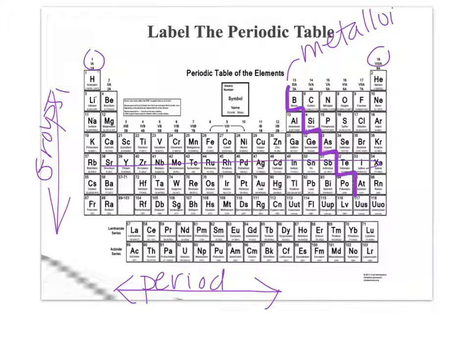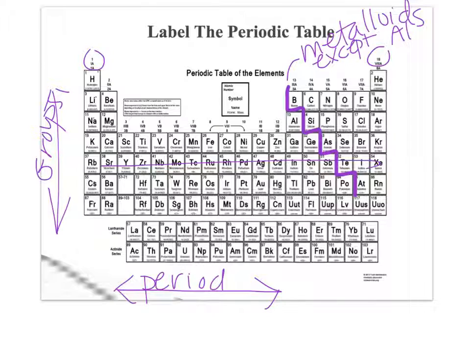It has to touch the line to be a metalloid. Now, except aluminum, that's the one exception. Aluminum is actually a metal. Think about aluminum foil. It definitely conducts heat, it's definitely shiny, definitely malleable. It's a very thin sheet. So aluminum is the exception to that metalloid rule.